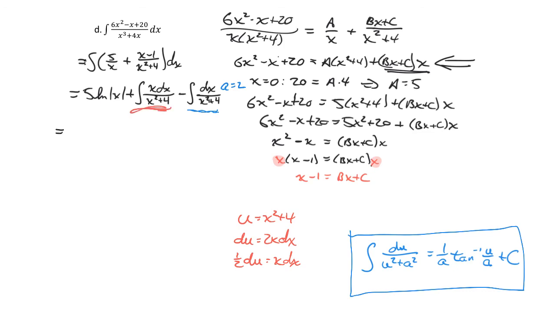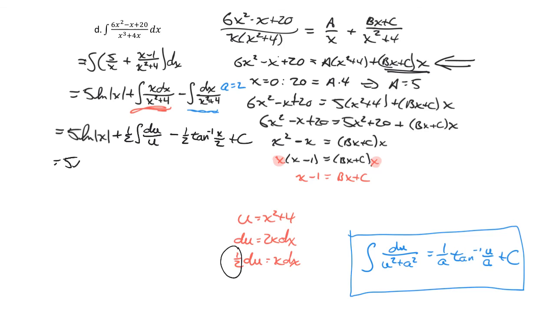So this is going to be equal to 5 times the natural log of the absolute value of x. And then when we make our substitution here, we're going to remember we have this 1/2 that's out front. So 1/2 times the integral, x dx was 1/2 du, and the denominator is u, minus, and now we get to use our new little formula over here. A is equal to 2, so it's going to be 1/2 times the inverse tangent of u over a, well, our u is x over 2, plus a constant. And we're almost done.